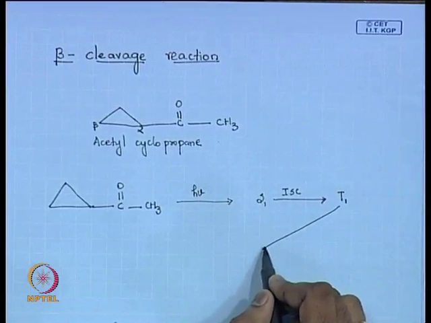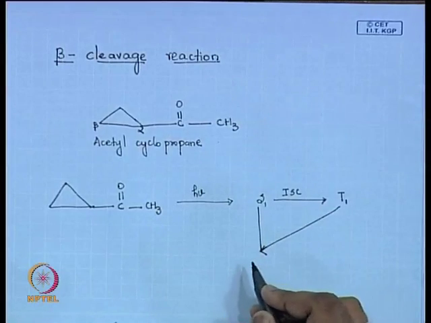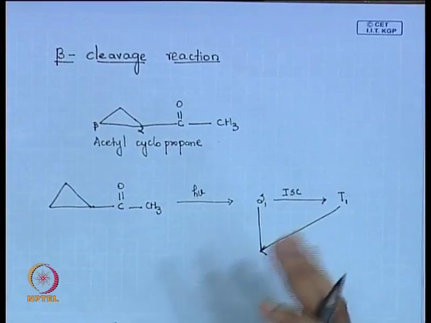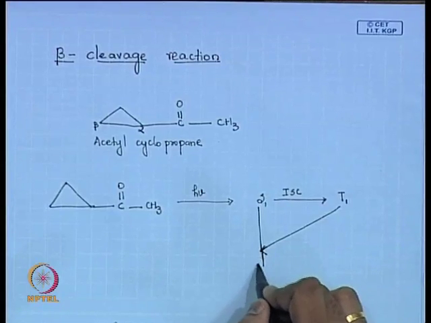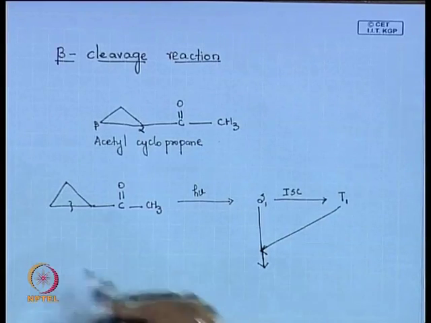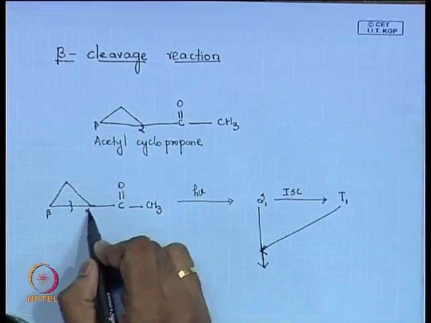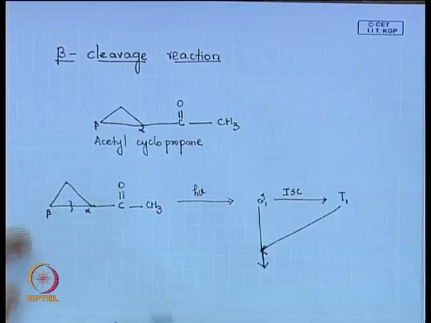So, once I have the triplet state, I can say that it can happen from S1 as well as T1, depending upon your ketone, to give me what? I can cleave this bond. This is my beta and alpha bond. What should I get?